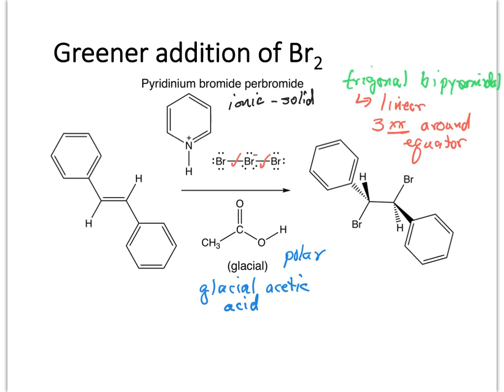And one of the things that's nice about this is that our starting material, stilbene, is soluble, at least when the glacial acetic acid is hot. Our vicinal dibromide product is insoluble in the glacial acetic acid. And so therefore, we can easily isolate it by filtration.